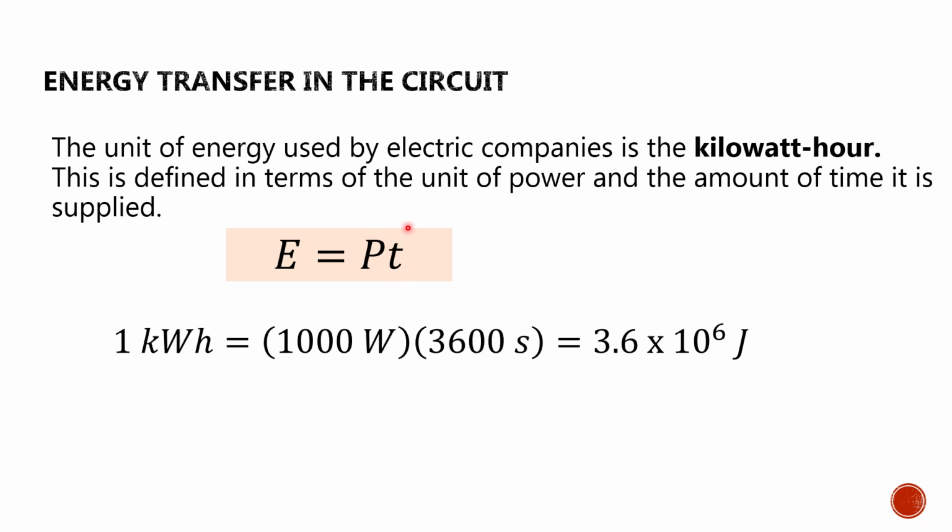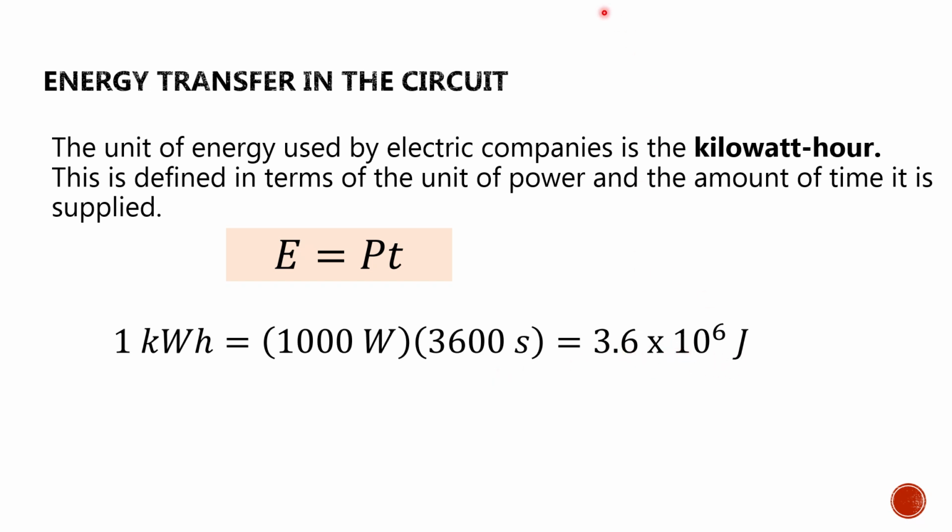For example, an appliance has a power rating of 1000 watts and it is used for 3600 seconds. So the energy consumption is 1 kilowatt hour. One hour is 3600 seconds, or in SI units, that's 3.6 times 10 to the power of 6 joules.